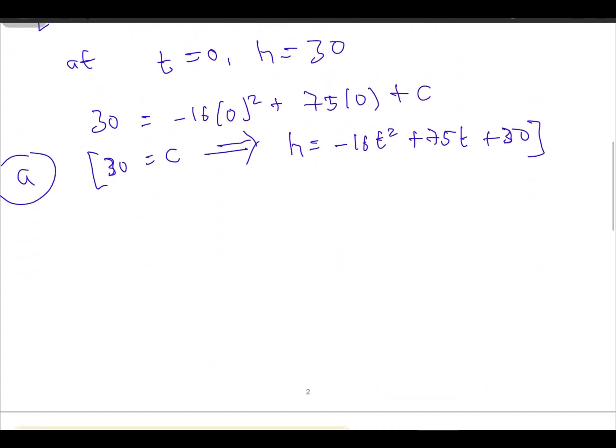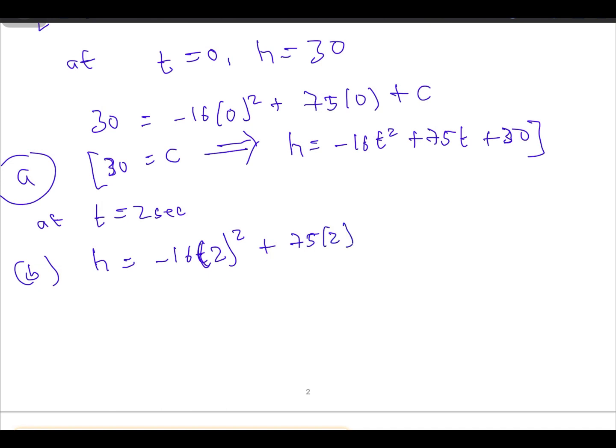Now, this is our height, and therefore after 2 seconds, which means that t equal to 2 seconds, we can say our height is h equal to negative 16 multiplied by t squared plus 75 multiplied by 2 plus 30.